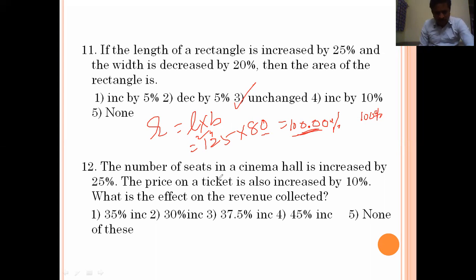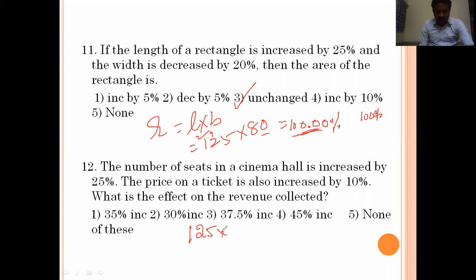Next problem. The number of seats in a cinema hall is increased by 25%. The price of a ticket is also increased by 10%. What is the effect on the revenue collected? Revenue equals the price of the ticket into the number of seats filled. The number of seats increased by 25% means 125%.